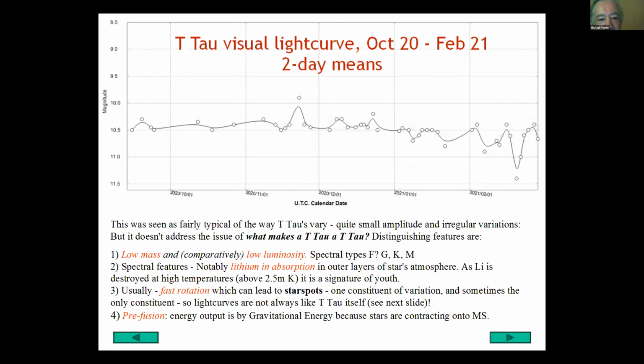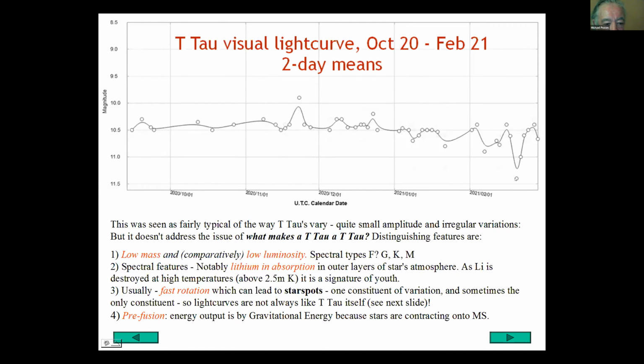So yes, we've got T Tau right here, varying roughly between magnitudes 10 and 10.8. It's going down a little bit here. It doesn't usually get that faint. So it does vary. It doesn't vary an awful lot. As a rule, I have to say as a rule, because there are always going to be exceptions.